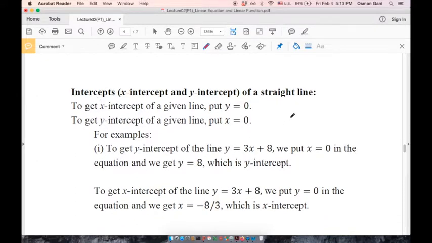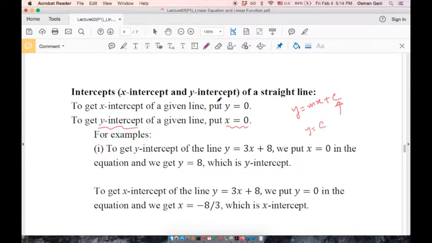And y-intercept: I said before, in the equation y equal to mx plus c, c is the y-intercept. But there is another way you can also calculate the y-intercept. To calculate the y-intercept, you need to put x equal to 0 in the equation. So if you put x equal to 0, you will get y equal to c.